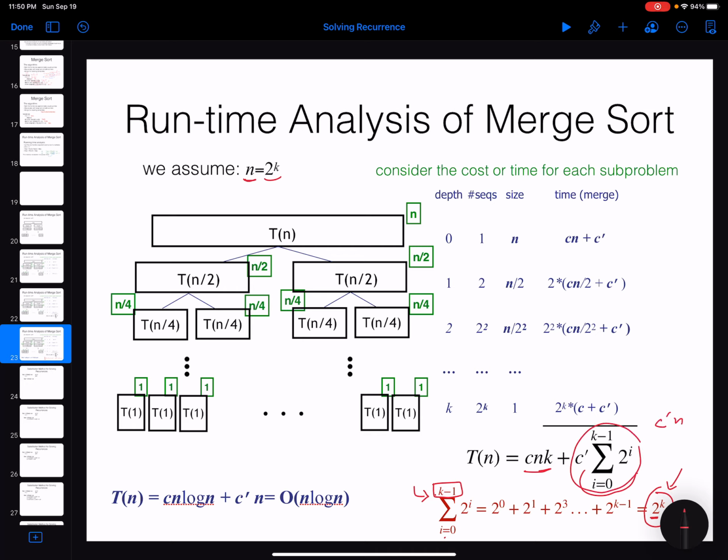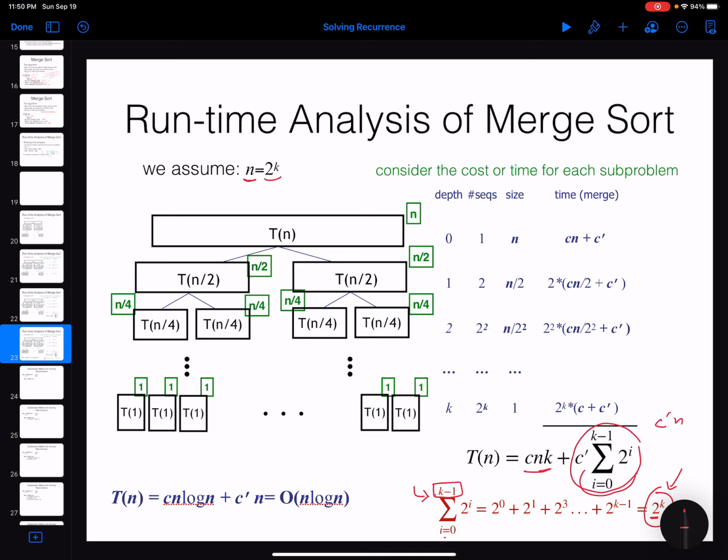Then I will apply the same formula over this term. That's why we call it substitution. We just keep substituting these recursive calls with the same relation again and again.